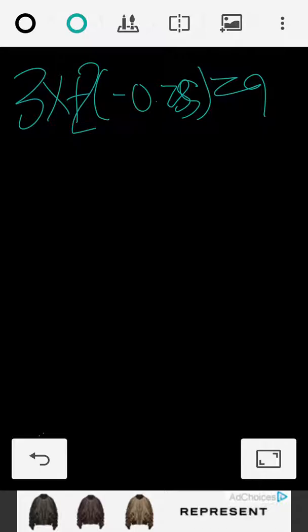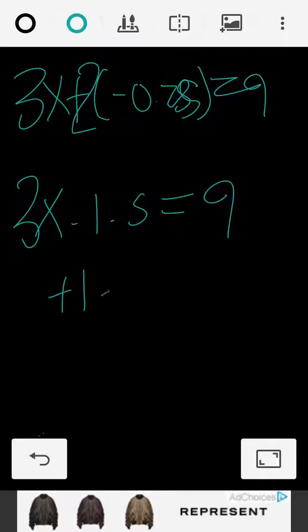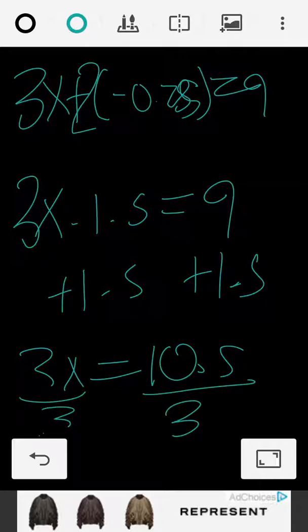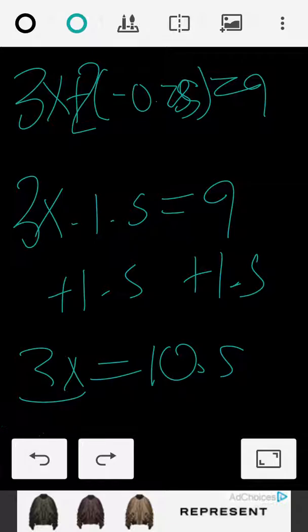So 3x, and then 2 times negative 0.75 will give you minus 1.5, equals 9. And you're going to add 1.5 on both sides, and it's going to be 3x equals 10.5. 10.5 divided by 3 is going to give you x equals 3.5.